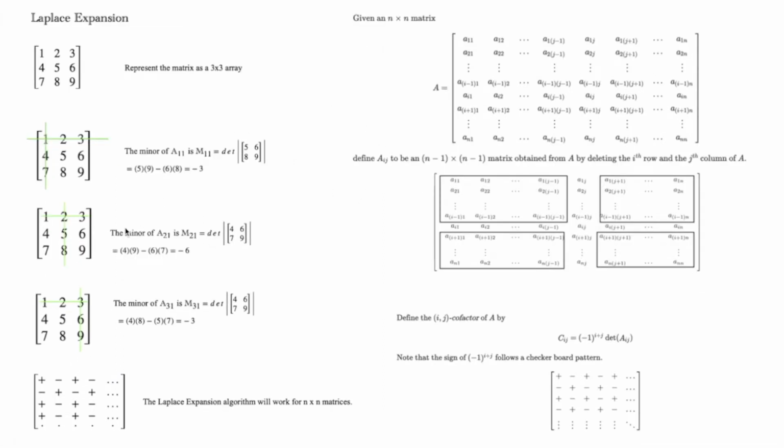The same process happens for the second minor right here, where we go over and we go down. We eliminate this column and this row, and we get -6. And we do the same thing for the last one right here.